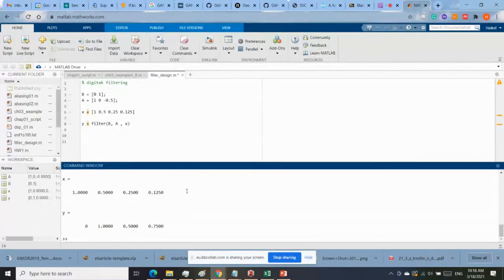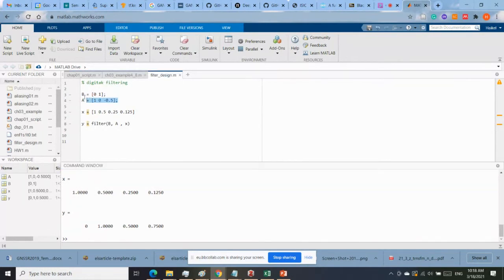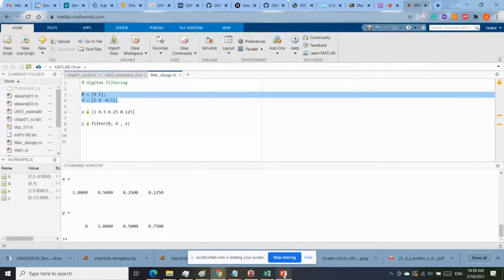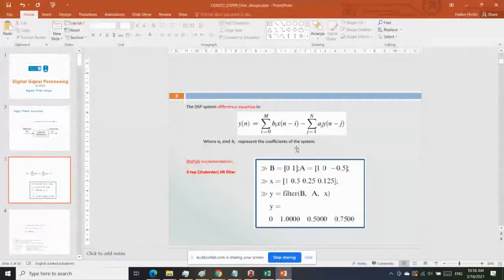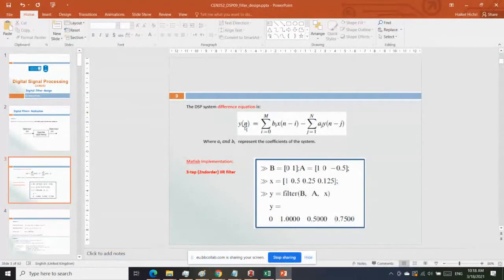Okay, yes. So that's the input, and after filtering, that's the output using this filter. So this filter is defined by this difference equation.